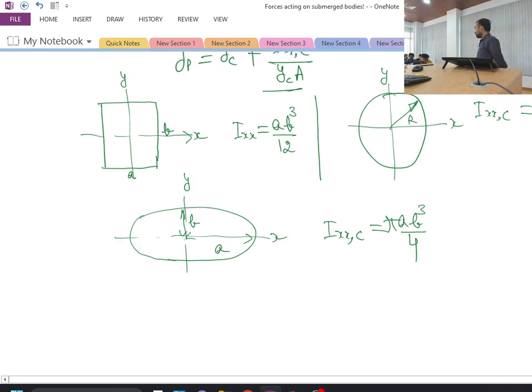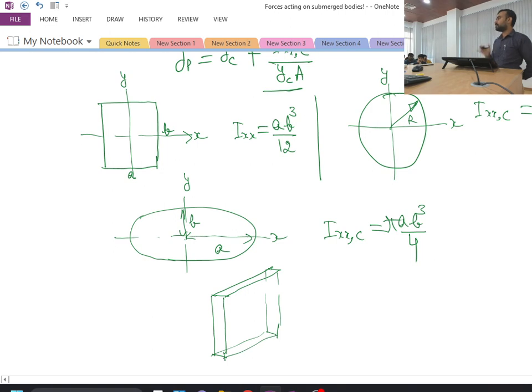Okay. Now, based on this understanding, we can define one concept called the pressure prism. Suppose I have some object, a plate, submerged in water. Once it is submerged, it is subjected to pressure force.